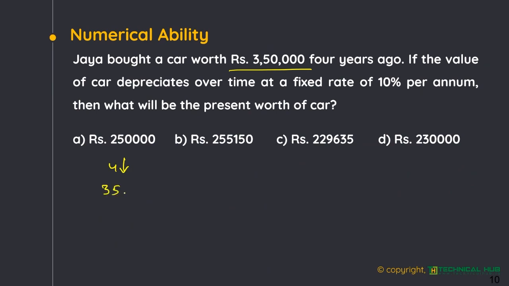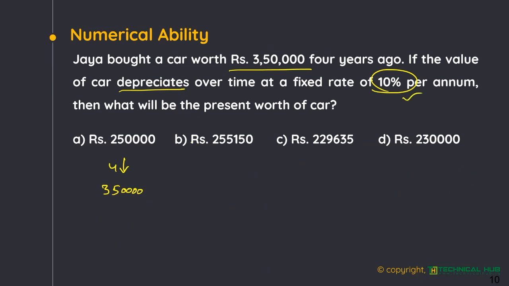If the value of the car depreciates over the time period at a fixed rate of 10% per annum, it means here every year once the car is older, automatically the rate of the car will definitely decrease. Depreciate is nothing but decrease. Here it will decrease by 10% per annum, every year.